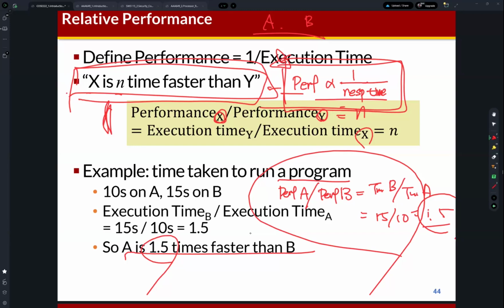N%, not n times. So you need to understand the percentage.